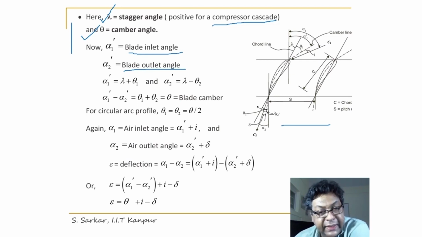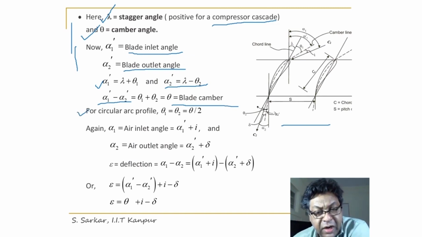These blade inlet and outlet angles are geometric parameters, and alpha 1 dash can be given by lambda plus theta 1, while alpha 2 dash is equal to lambda minus theta 2. So alpha 1 dash minus alpha 2 dash would be equal to theta 1 plus theta 2, equal to theta, the camber angle.